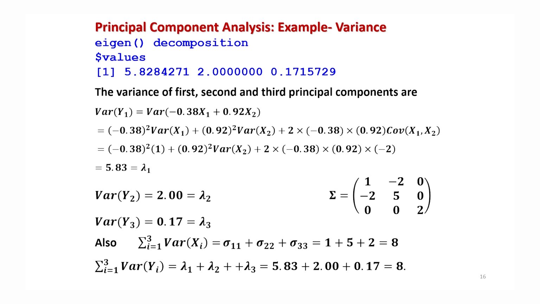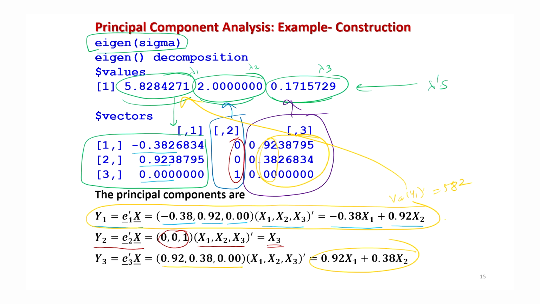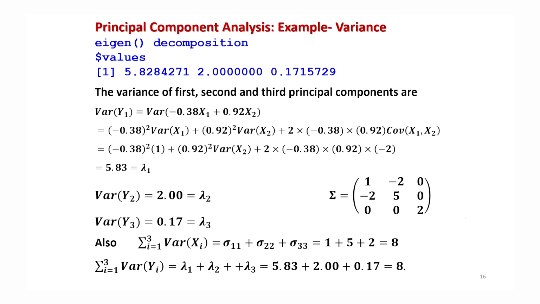That is what I am trying to show you, whether it matches with the outcome or not. This is my first principal component, and I try to find the variance of y1.